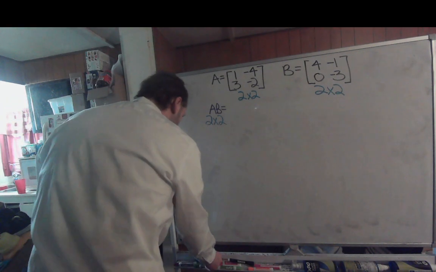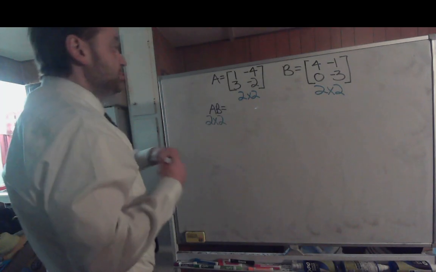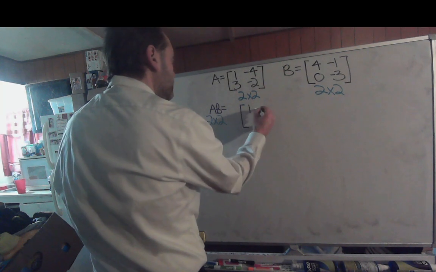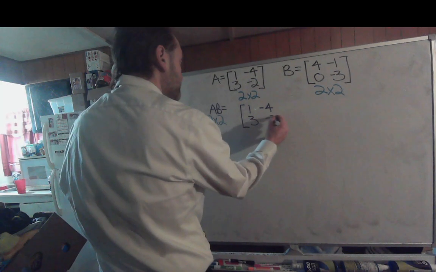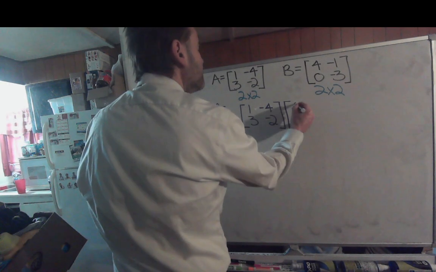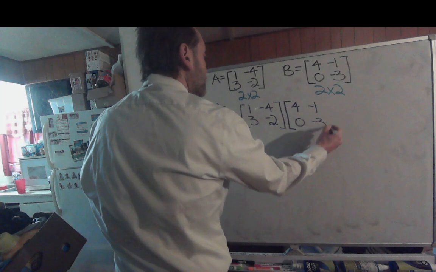So now we're going to take matrix A times matrix B, which is going to be, I'm going to rewrite the matrix to make our lives easier. 1, -4, 3, -2, all that times the matrix 4, -1, 0, -3.